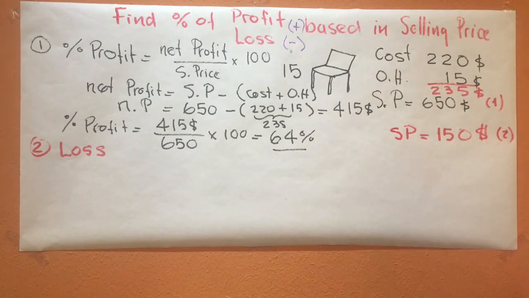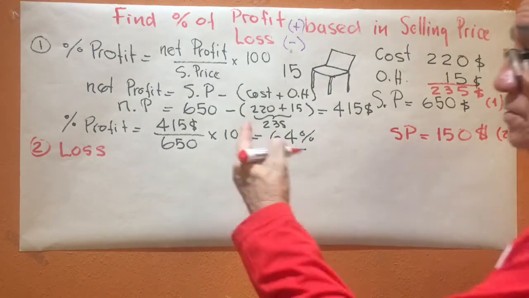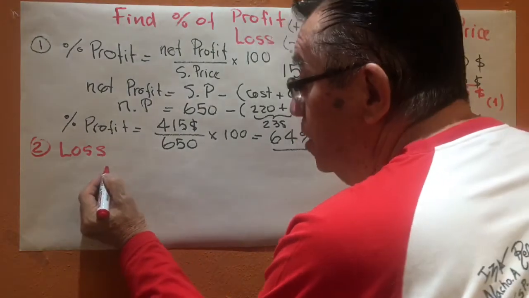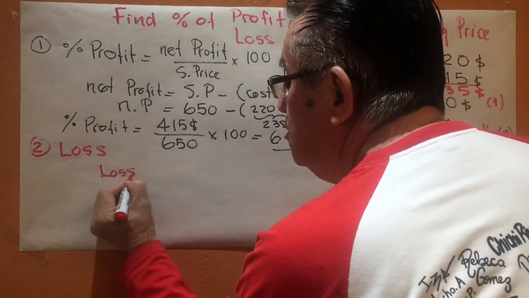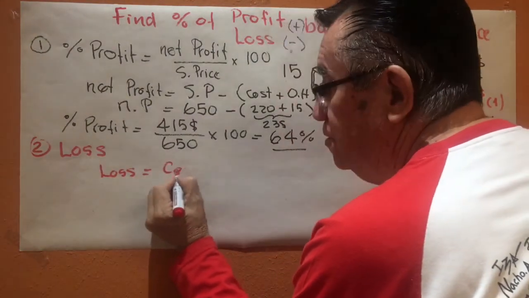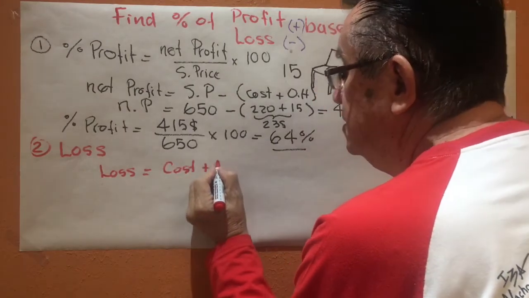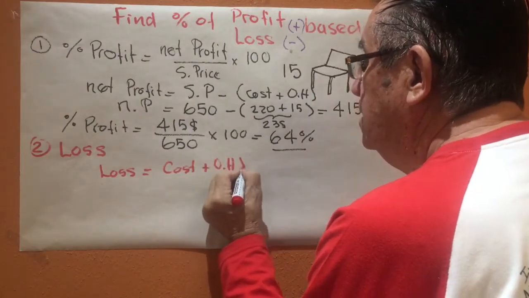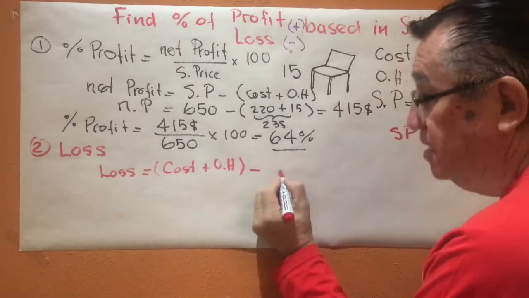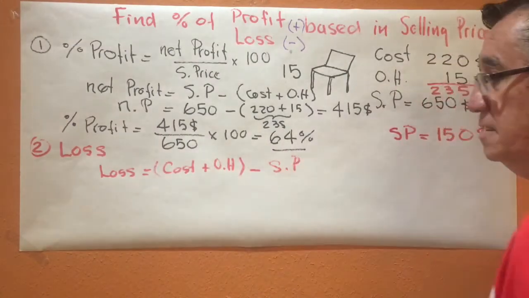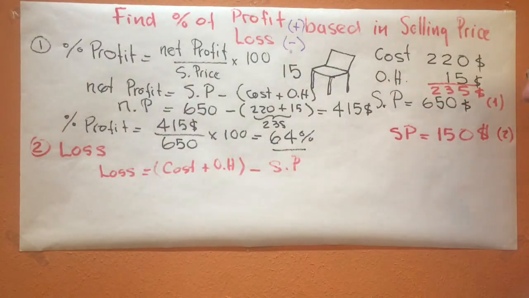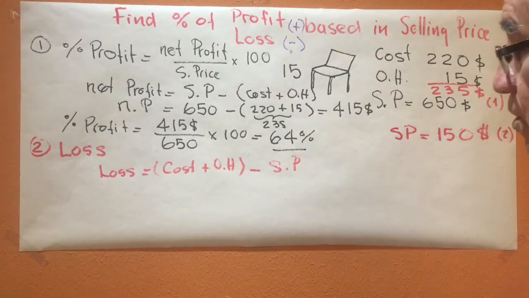Okay, let's do all the calculations. You know that loss is equal to the cost plus the overhead minus the selling price, because the selling price is lower than the cost.